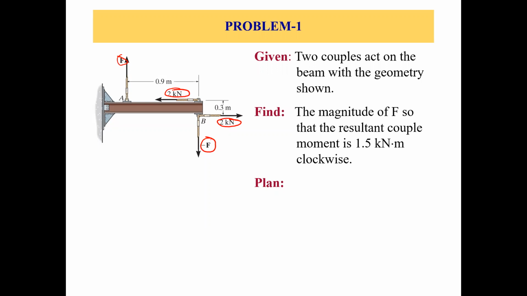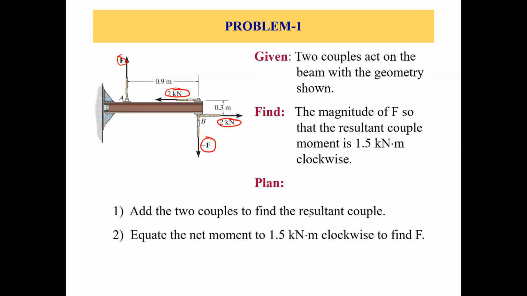Again, we need to make sure that we understand the concept and know how to apply it, which we just learned. What do we need to find? The magnitude of F so that the resultant couple moment is 1.5 kilonewton meters clockwise. So we need to find the magnitude of this force F, and the resultant couple moment is given. Let's see how we do it.